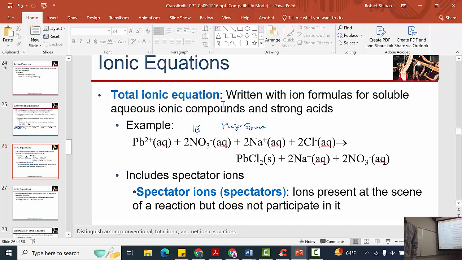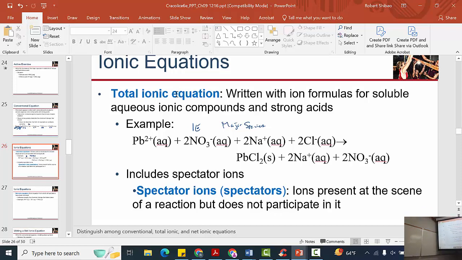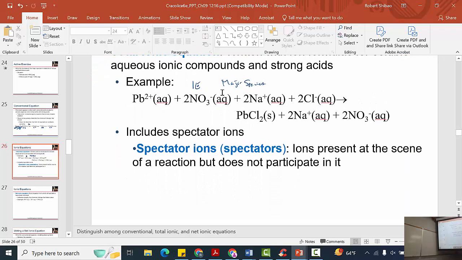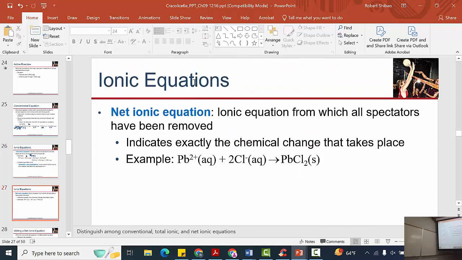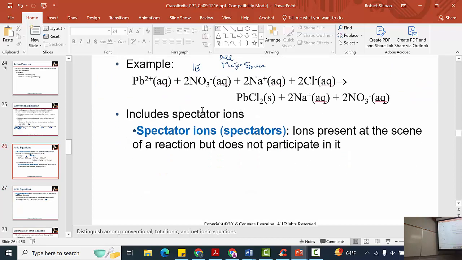The next equation is what I'm going to call the NIE. The IE shows all major species. The NIE, the net ionic equation, has all the spectators removed. Nothing happened to the sodium, so we cancel those out.